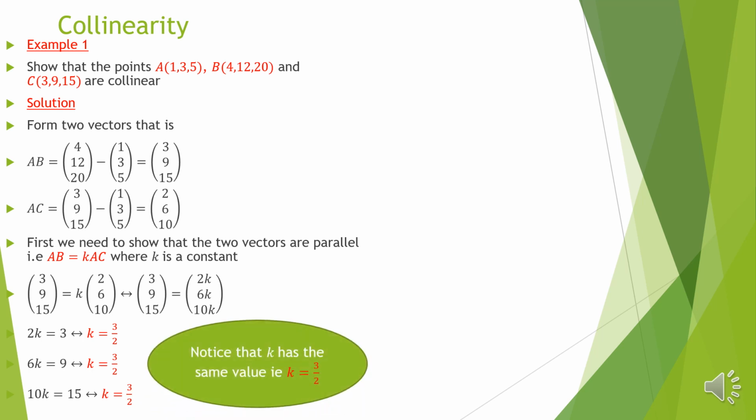Once I've gotten that, notice that K has the same value. That is, K is equal to 3 over 2. And if you find that K has the same value, then proceed to write the equation we had here, AB equals K AC. But for this case, realize that our K is 3 over 2. Then I'll substitute it here, and I write it as AB equals 3 over 2 AC.